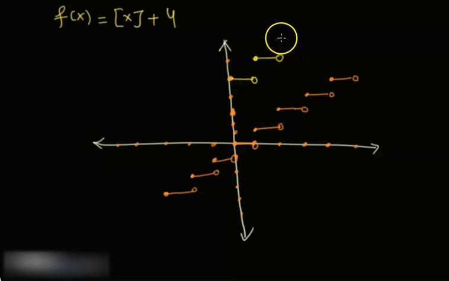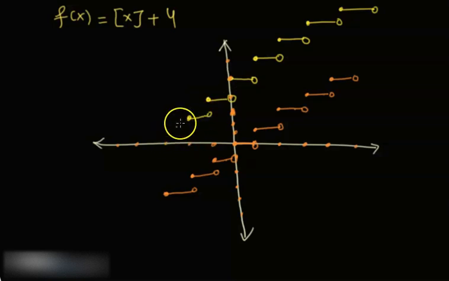Similarly, this page will be moved 4 units up, and you will continue the pattern. So this yellow colored graph is the 4 units upward shift of the greatest integer function.